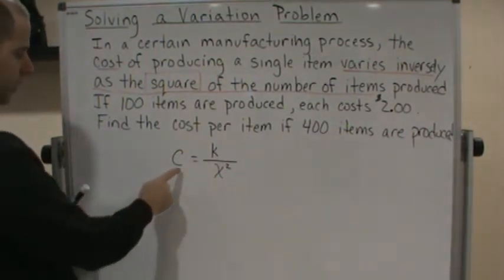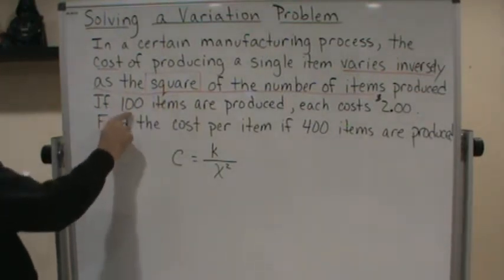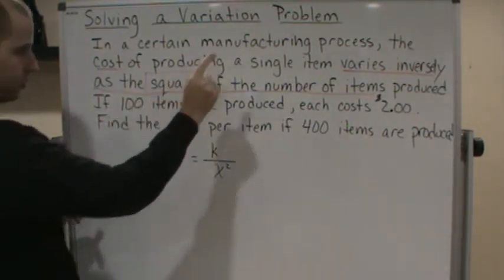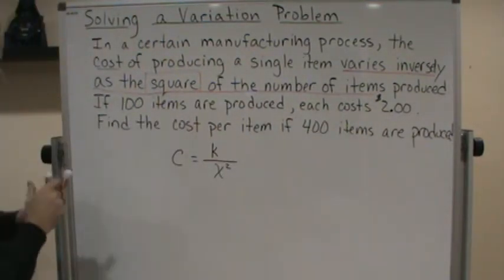How are we going to solve for K? We're going to put in the values that they give us. We know that 100 items produced, each item costs $2. So let's stick that in there.